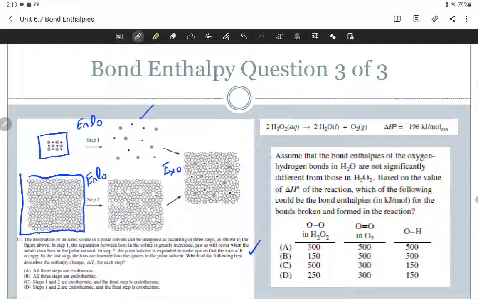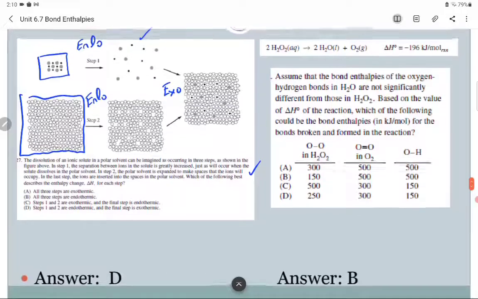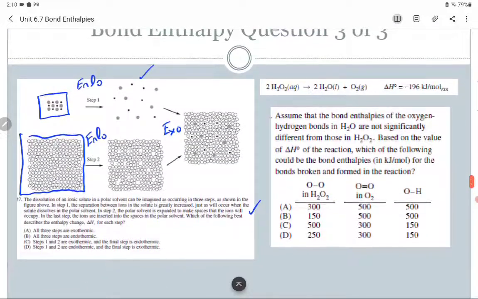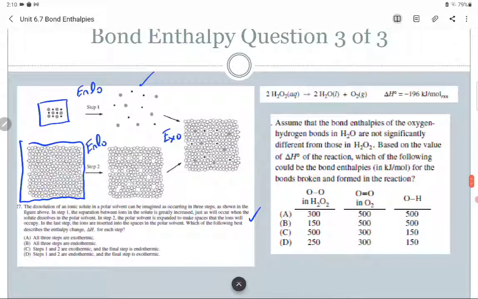So we need to find an answer that's going to match up with all those. Endo for 1, endo for 2. That looks like we got D. Looks like D is going to be our only answer, and I bet I probably have all the answers right below. Yeah, I do. So we were wrong with that one.